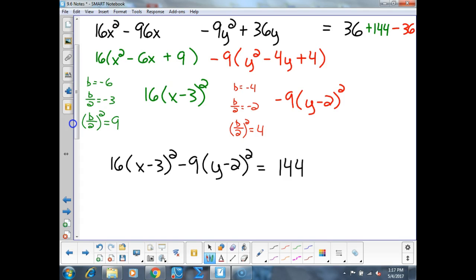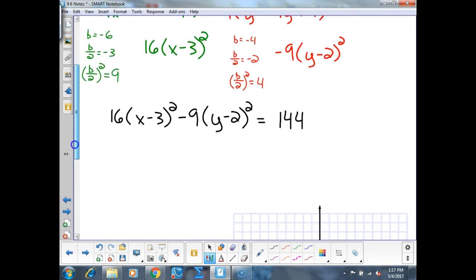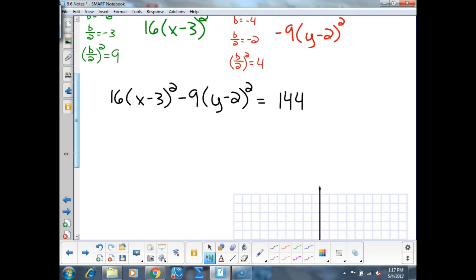No, because what do all standard forms of hyperbolas look like? There's two fractions, and more importantly, it's equal to 1. Equal to 1. So how do I get this one equal to 1? Divide everything by 144.